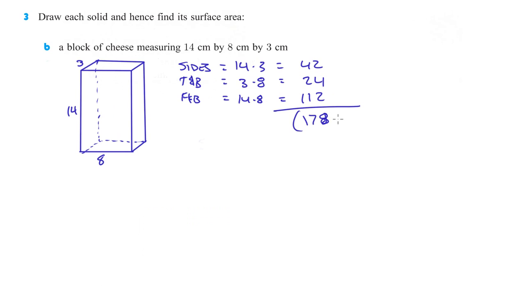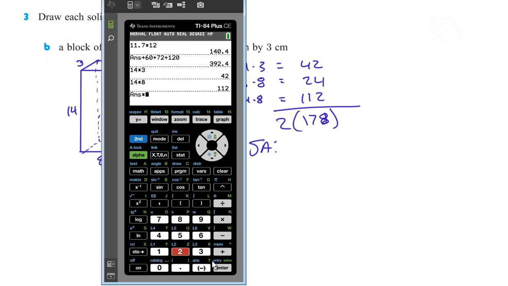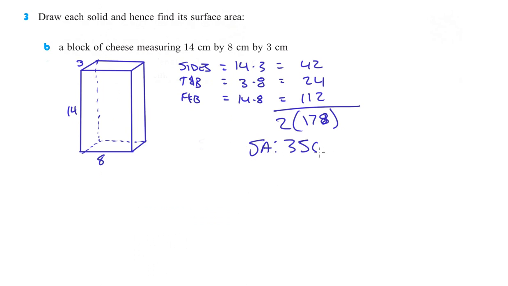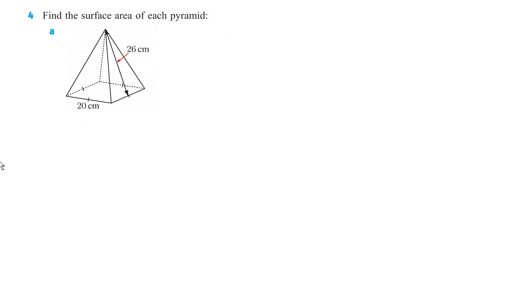So then we have to double that to get our total surface area. So we take that times 2, and 178 times 2 gives us 356 centimeters squared there. Okay, moving on to number 4.